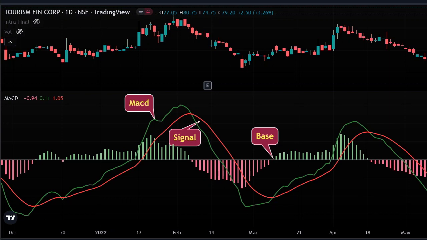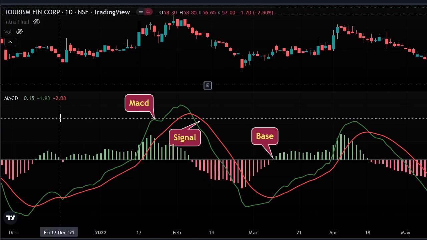Whenever the market goes sideways, the difference between the moving averages becomes less, and whenever the market has a very strong trend, either uptrend or downtrend, the distance between the moving averages becomes wide. That's how we measure through this moving average convergence divergence indicator.